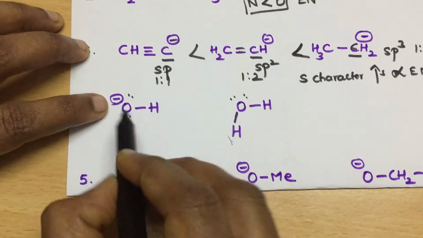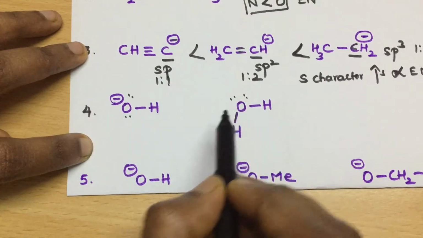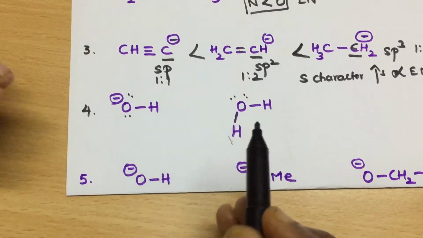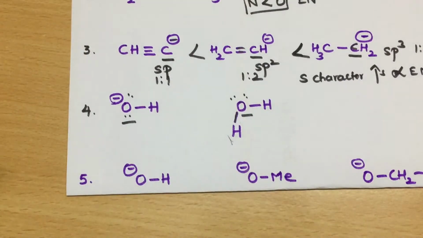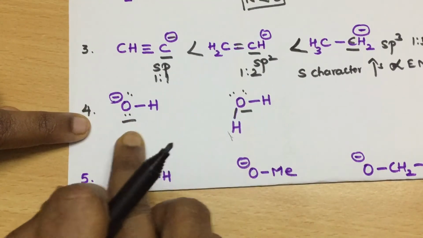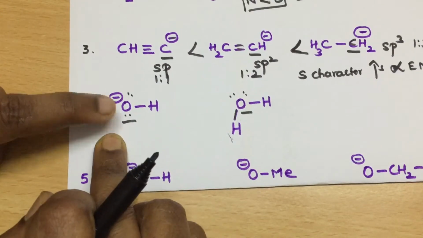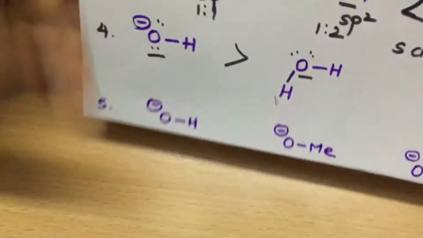So here it has 3 pairs of electrons, and here it is 4 pairs of electrons. I am comparing the electron density only when the atoms have equal electronegativity. The first preference is to see the electronegativity. If that is equal, then compare the electron density. Here the electron density is more, so this has more basic character.